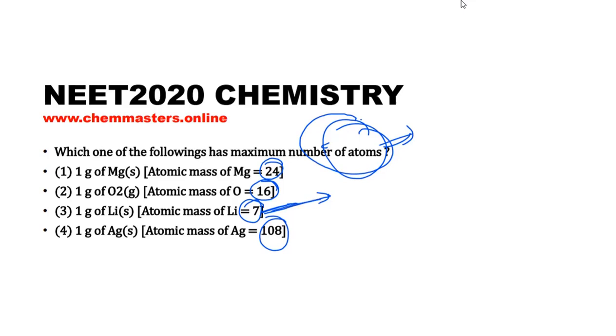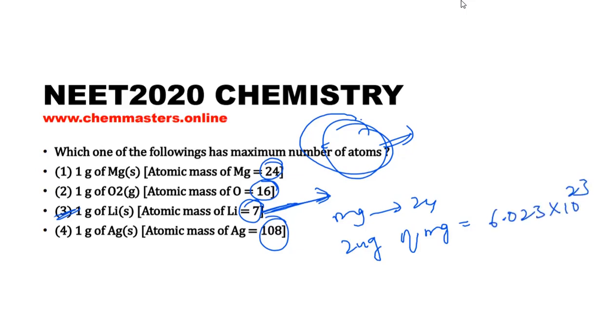You can understand why the answer is 3 by just looking here. We have magnesium with atomic mass 24. So the number of atoms in 24 grams of magnesium is 6.023 into 10 power 23.